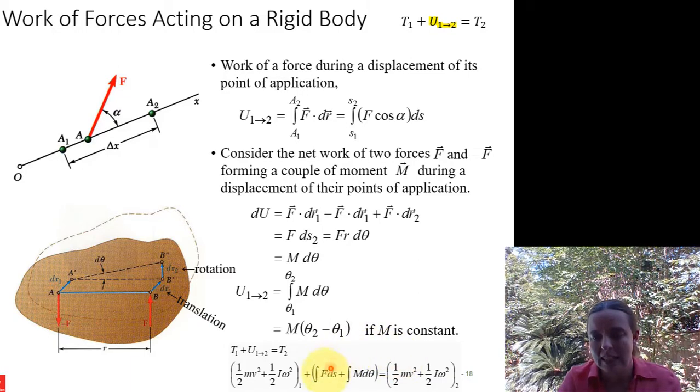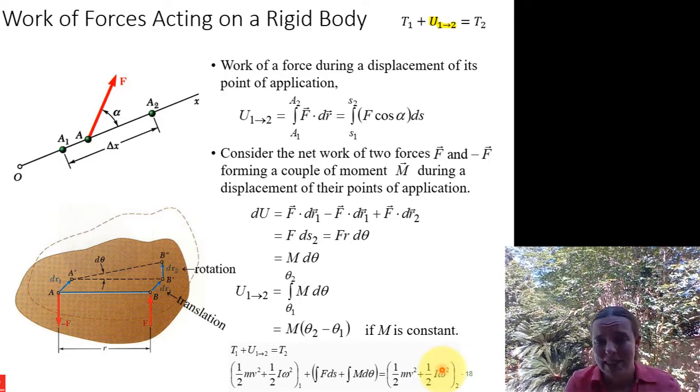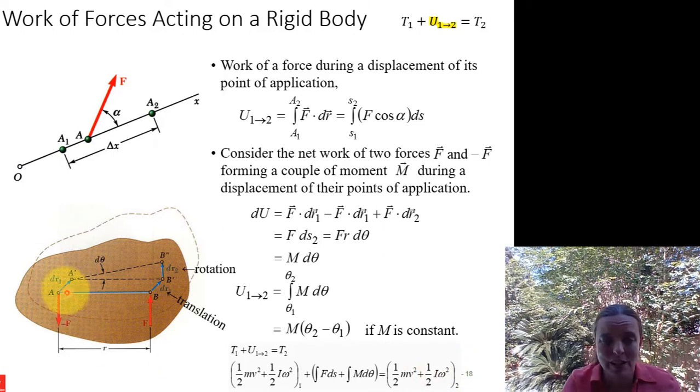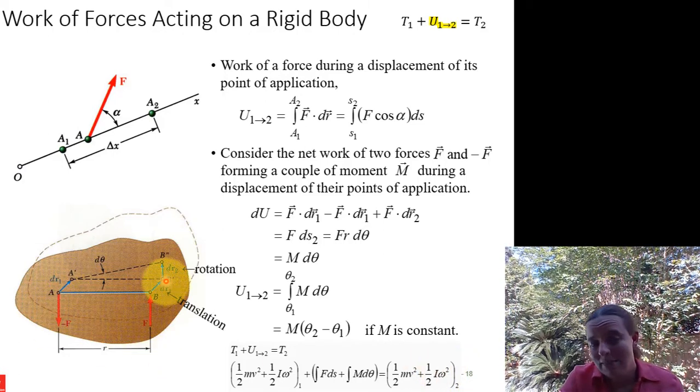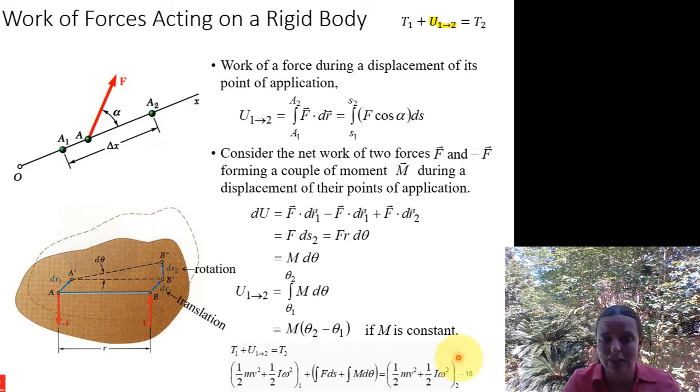So you're looking at this piece and then the moment, or if you have two equal and opposite forces, those would only change the rotational chunk of it. So really study these equations and convince yourself of the displacement that moments are creating and how that's going to change the energy of the system.